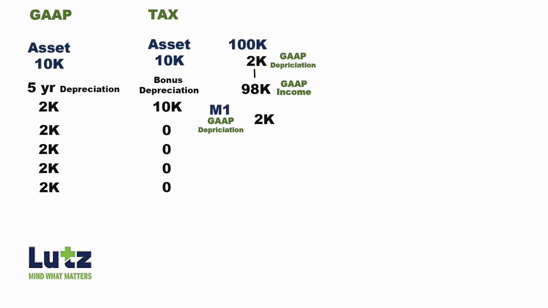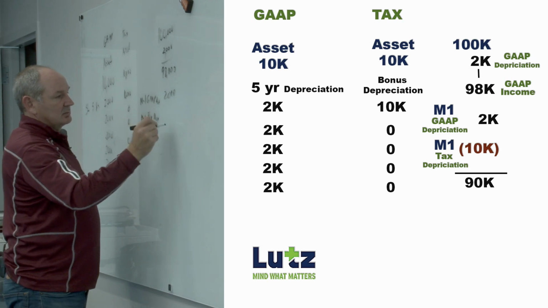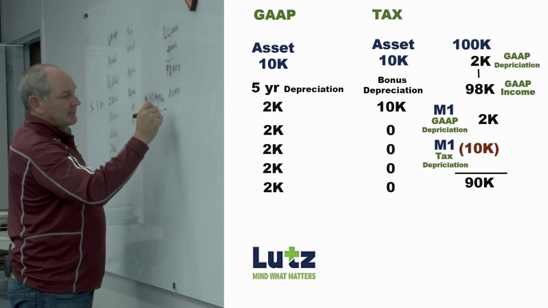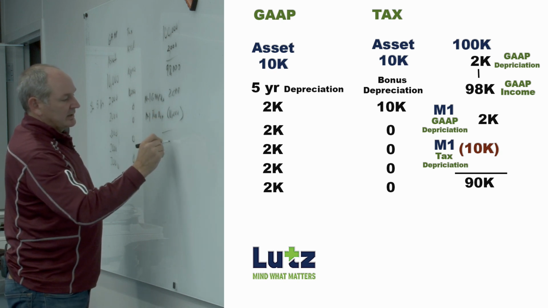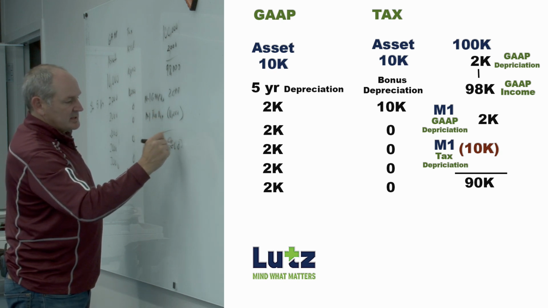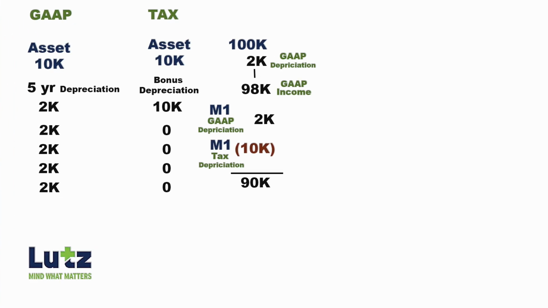I'm going to push aside the GAAP amount out of my tax calculation. And then I'm going to say M1 for tax depreciation, and that's going to be negative $10,000 because that's my depreciation number. My taxable income is $90,000 because I'm using a different accounting method for GAAP than I am for tax.